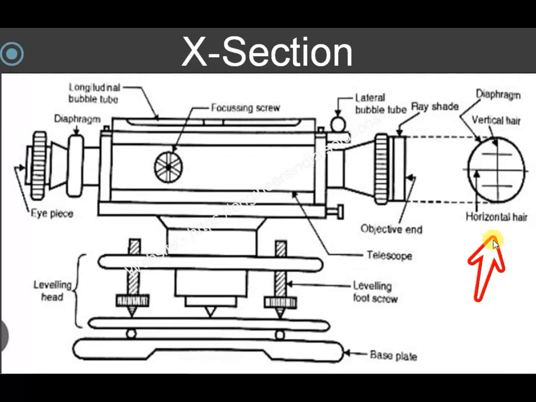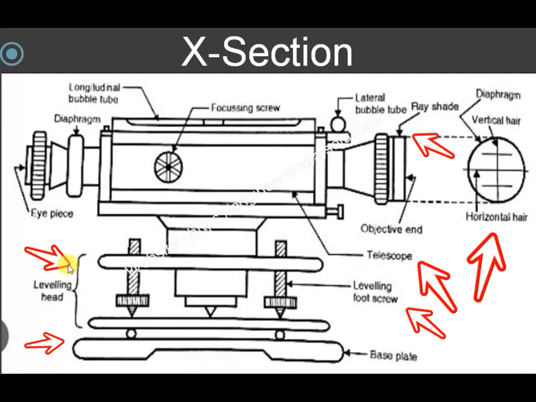We'll go through the parts in brief for the detail. Here's the crosswire. This is the fly shade over here, which provides protection. It's a sort of a glass right above the objective glass. Then here you have the telescope, the foot screw, then this is the base plate, then this is the leveling head, and this particular leveling head needs to provide total horizontal level at this particular end.